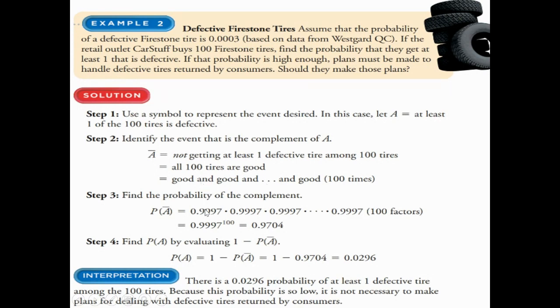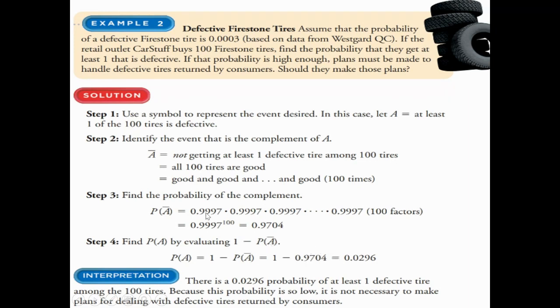All right. So here again, this problem represents an independent event because getting a good tire or a bad tire has no effect on the second and the third. So all 100 are good. So the first one is good, and the second and the third. So it's an and situation. So I know I'm multiplying. But once I get this, I have to remember I've got to subtract this from the whole number 1.